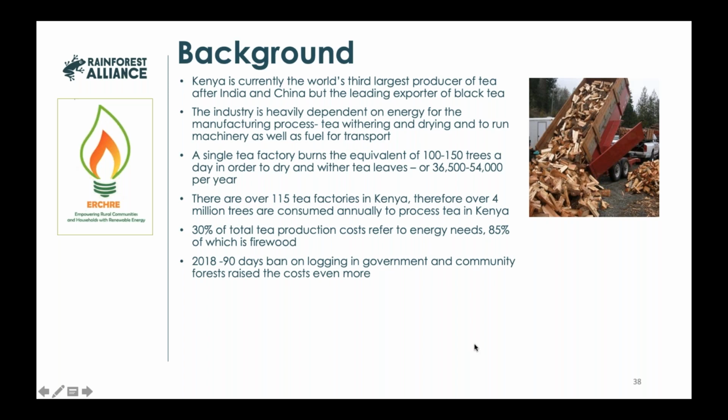In tea production, 30% of the cost of producing tea is a result of buying energy, of which 85% is firewood. And the recent ban on logging in the country escalated the price of fuel wood. That means the cost of production in the tea industry went up.